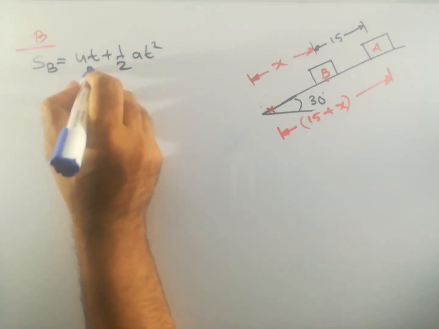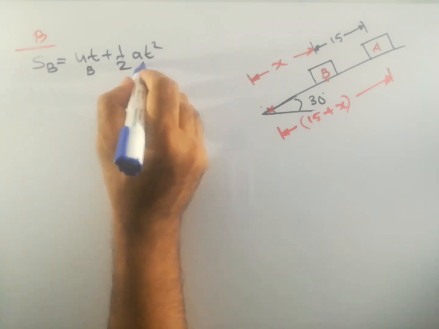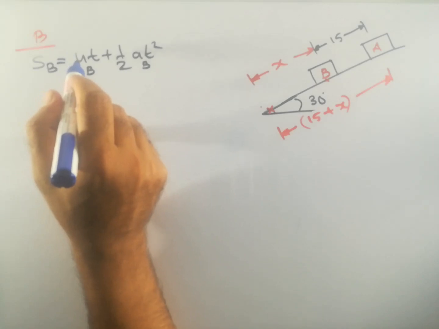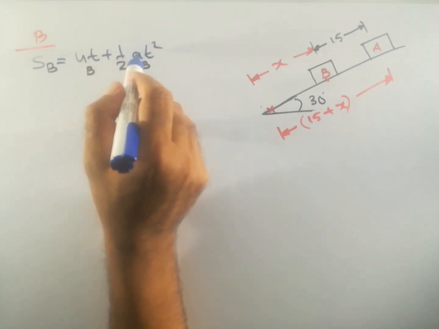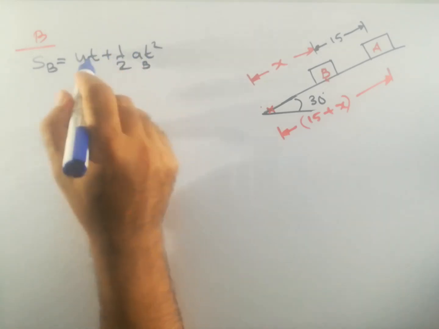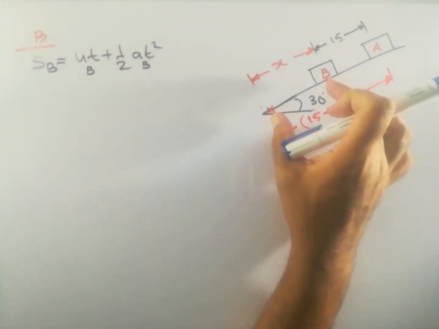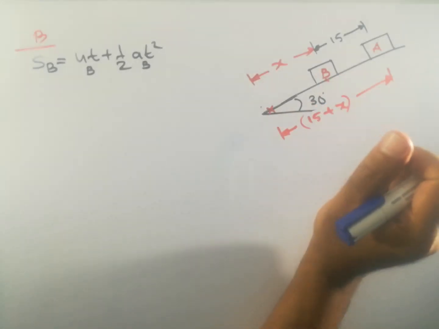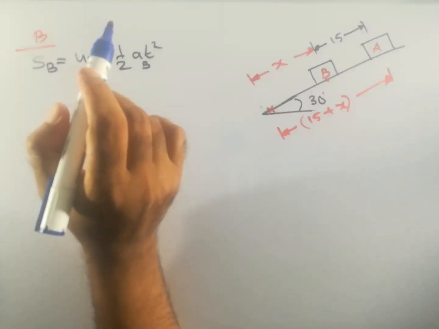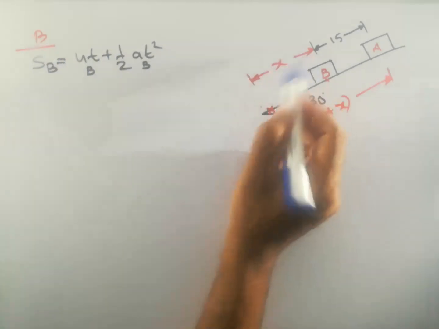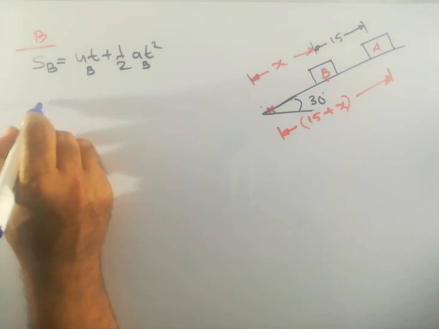So here it is UB into t plus half into AB into t square, where UB is the initial velocity of block B and AB is the acceleration of block B. Time is the same for both A and B to travel, say for B x meters and A 15 plus x meters, therefore it is taken as t. So in the case of B, SB is x.